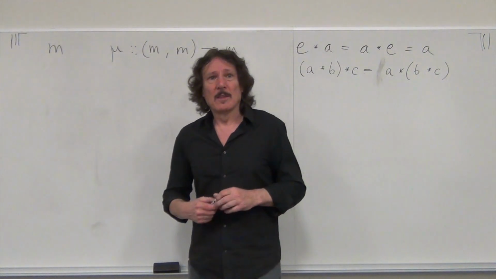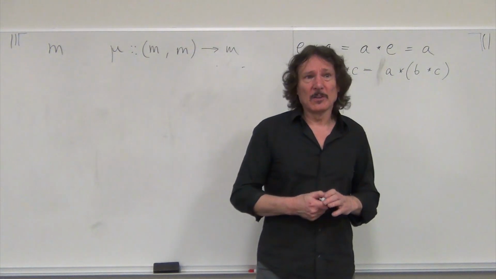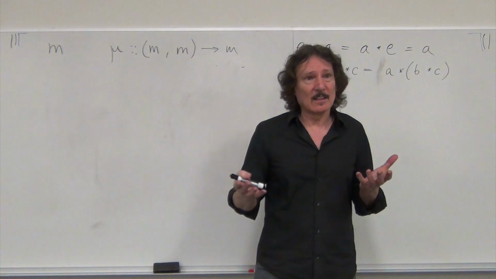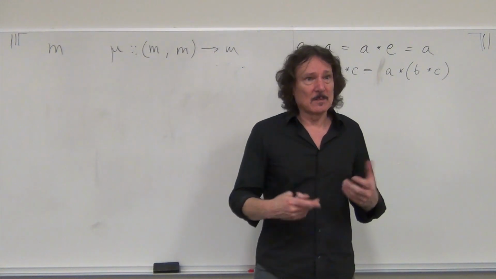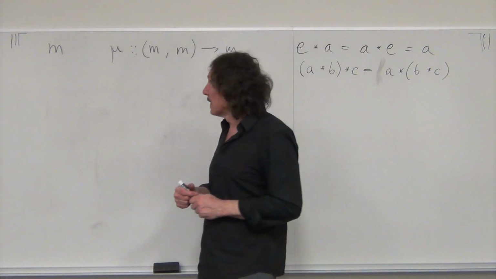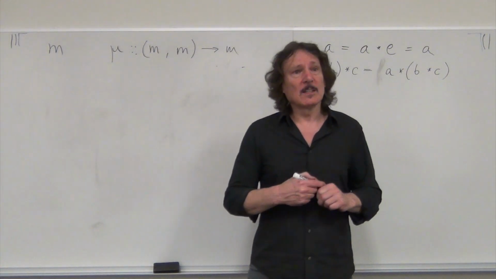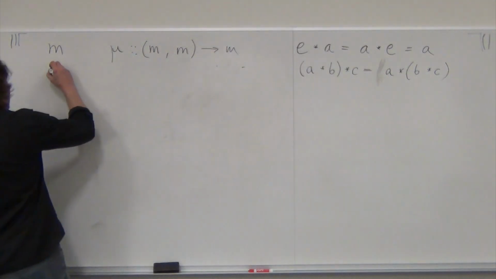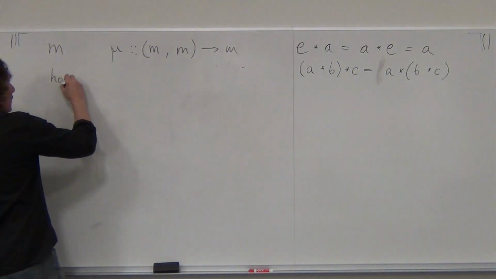So morphisms in a category of monoids have to be special. They have to understand the structure of these monoids. So a function that preserves a certain structure is universally called a homomorphism.